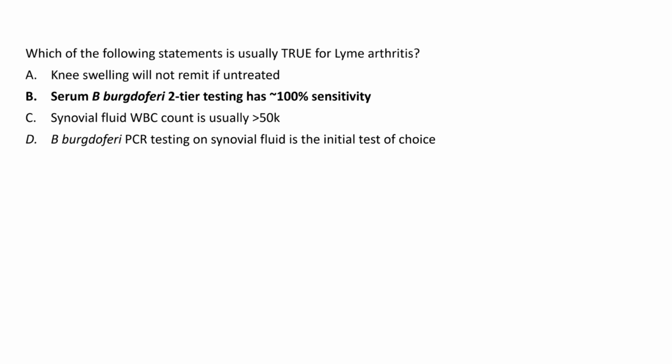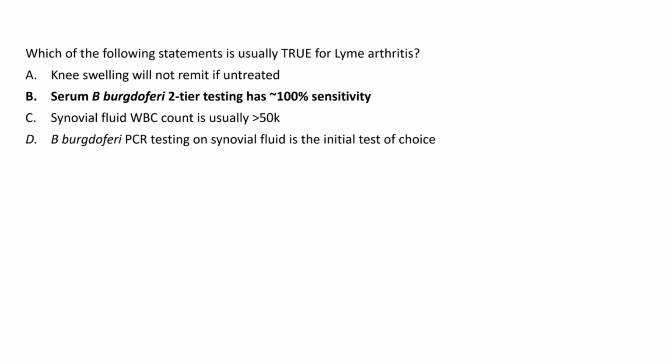It usually presents as a single-joint arthritis, usually a weight-bearing joint like in this patient, so the knee is the most commonly involved joint, and it can look very impressive like an actual septic joint when it's inflamed, and it can present up to 2 years following the original infection with Borrelia.